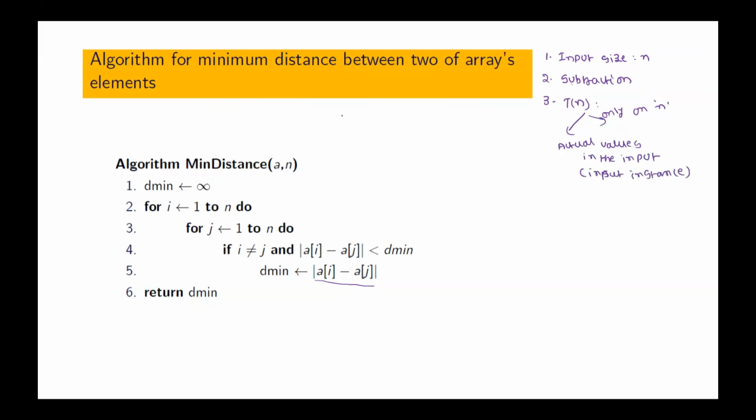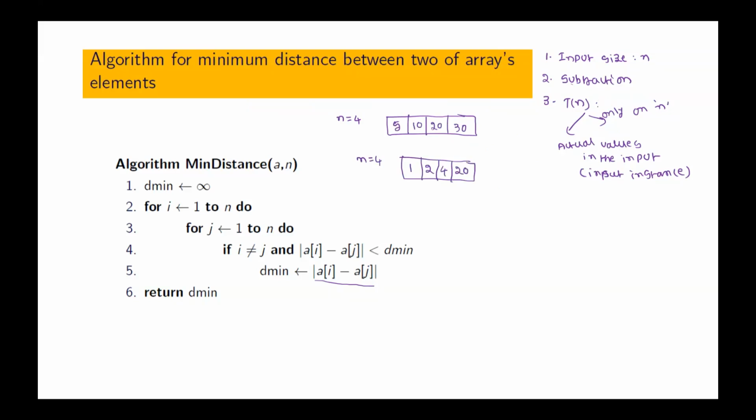For example, we can take n equals 4, with values 5, 10, 20, 30, and another instance with n equals 4, with values 1, 2, 4, 20, something like this.